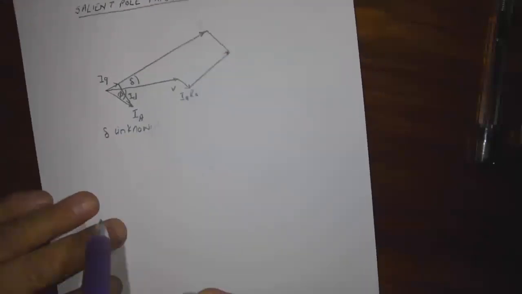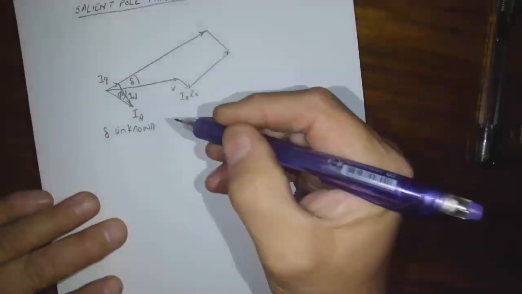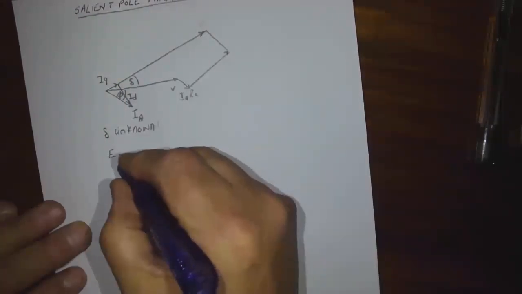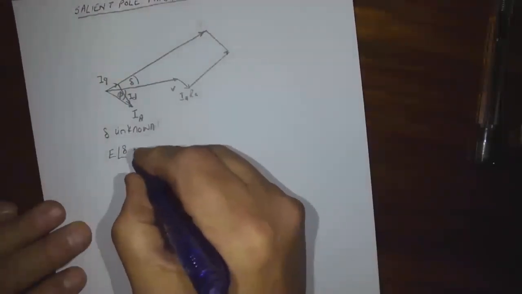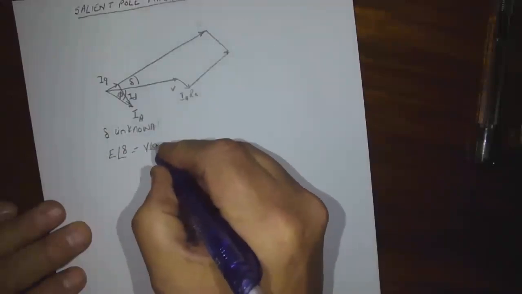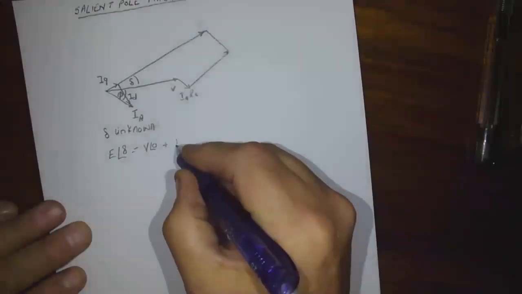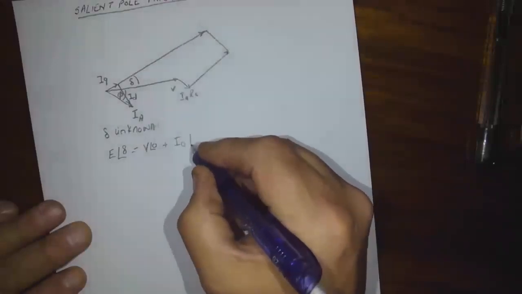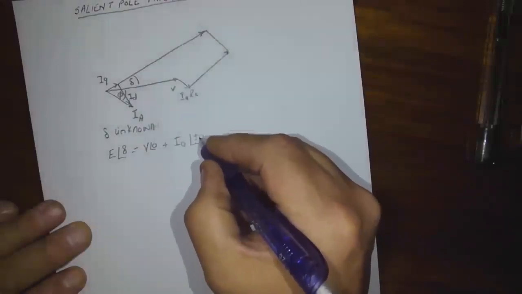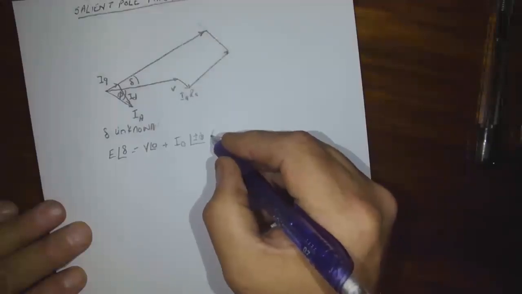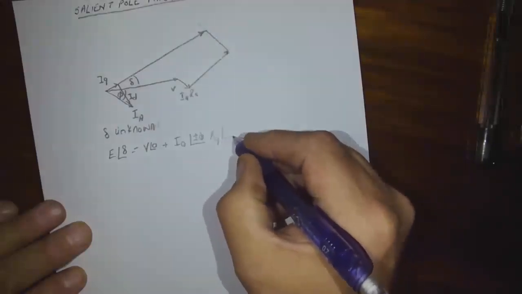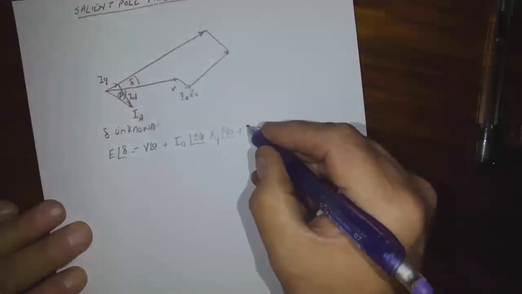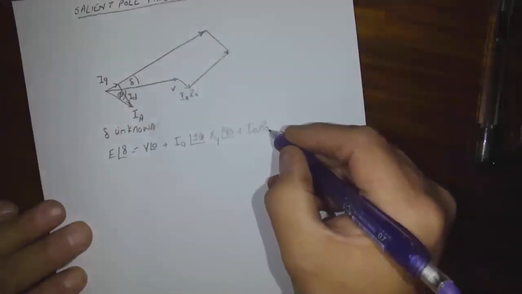Right, so first thing is we have to determine delta, and we do it by saying E angle delta is V angle 0 plus IA angle plus or minus phi times XQ at an angle of 90, plus IA RA.